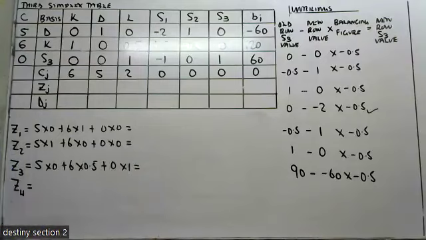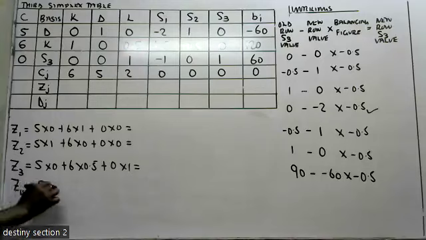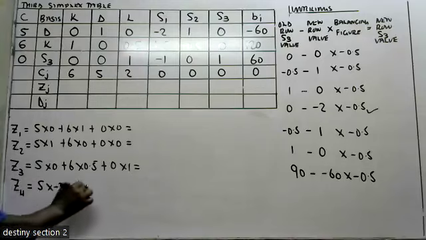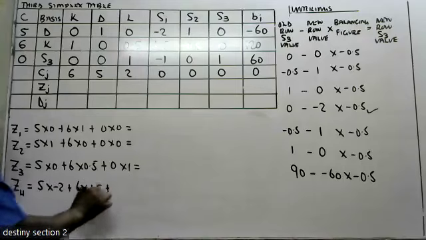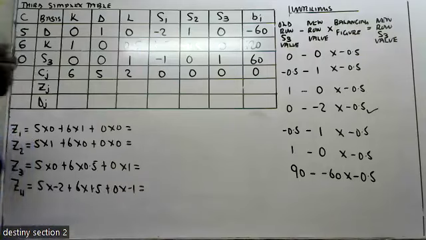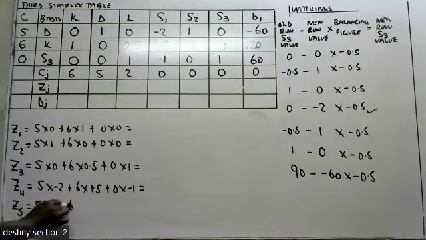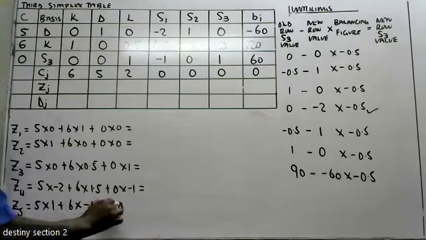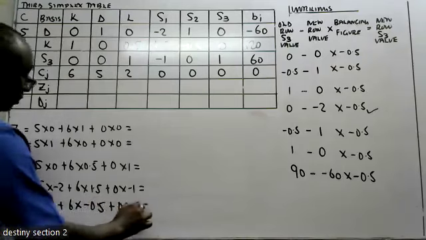Z4 is 5 times minus 2 plus 6 times 1.5 plus 0 times minus 1. Z5 is 5 times 1 plus 6 times minus 0.5, 0 times 0.